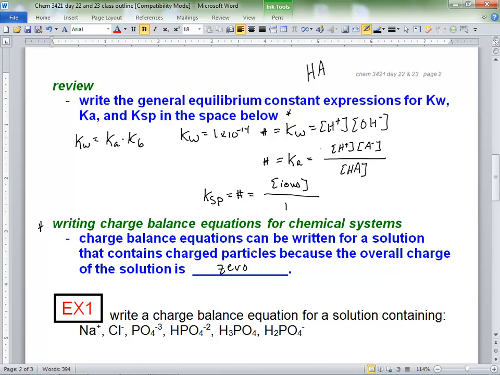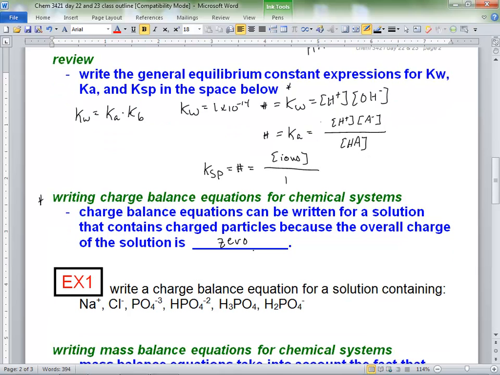Okay. So here is a solution. It has all these ions in it. And we need to write a charge balance equation. So all they're saying is, the concentration of all the positive charges has to cancel out the concentration of all the negative charges.